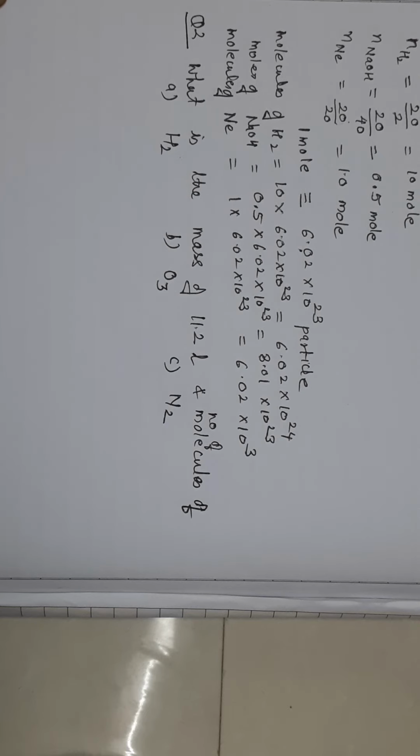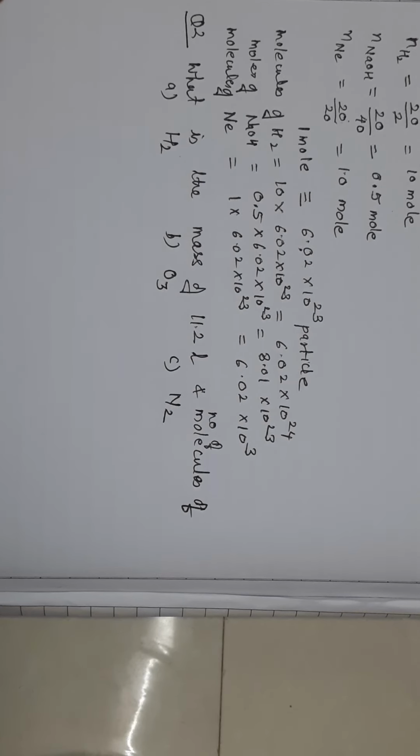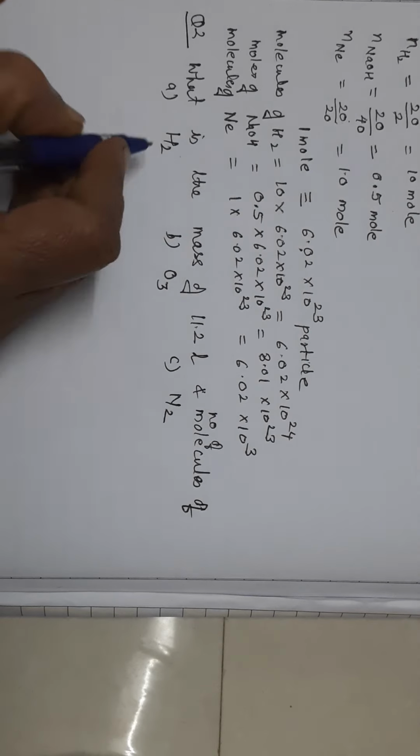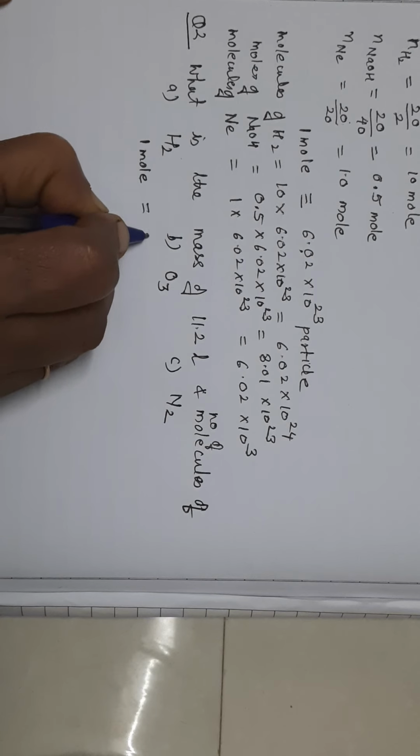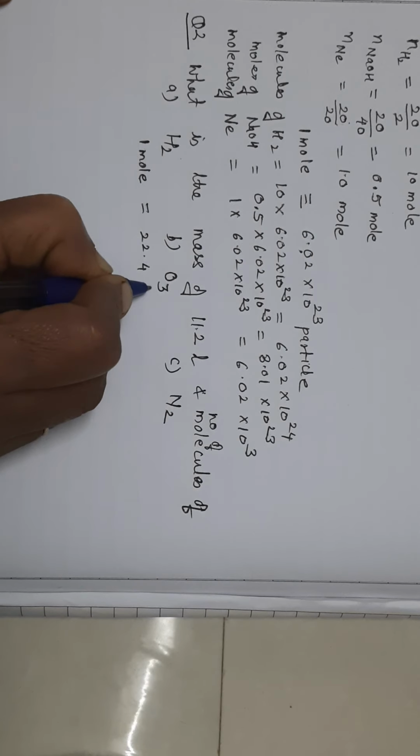So first of all, we will find out the number of moles. Whenever we are dealing with a question, our job is to find out the number of moles. Now they have given us 11.2 liters. We know that 11.2 liters at STP is half a mole, because 1 mole of any gas is equal to 22.4 liters.